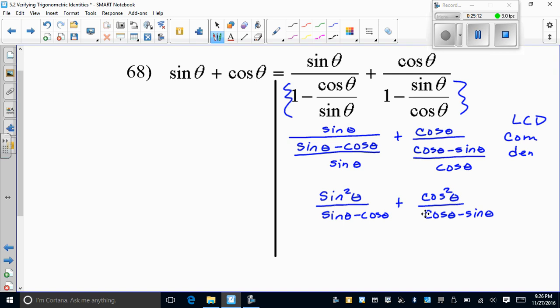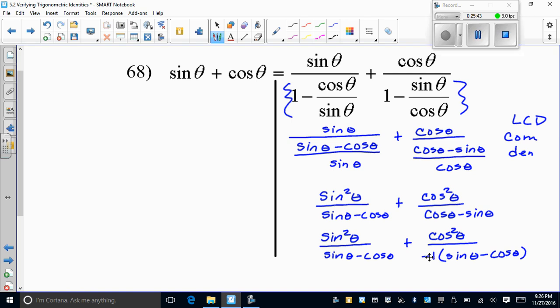So sine squared of theta over sine of theta minus cosine of theta plus cosine squared of theta over -1 times sine of theta minus cosine of theta. All I do is factor out the -1, but in a fraction, it doesn't matter where the negative sign is as long as it's there.